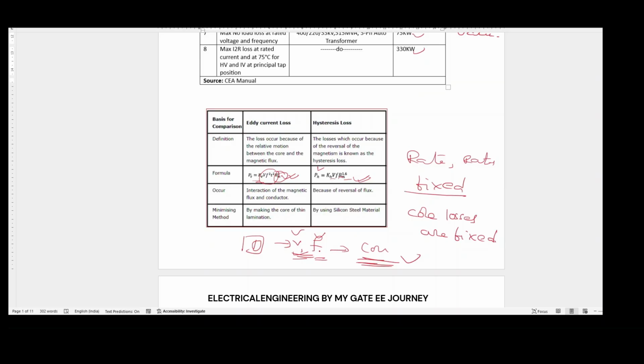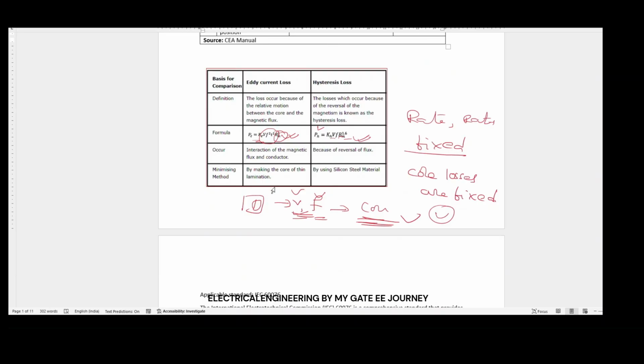At the same time, if a transformer is designed for a certain voltage and we connect it to some other voltage, core losses will change. Those core losses are not constant. You have to remember very clearly that if voltage and frequency are constant, core losses are constant. If those vary, core losses vary. Keep this one point in mind.